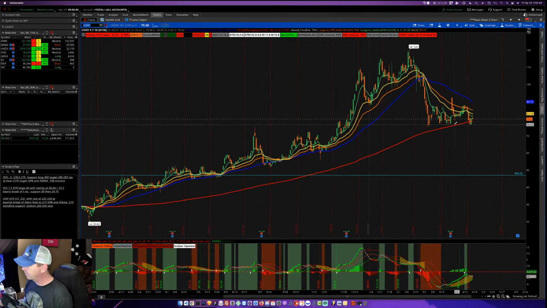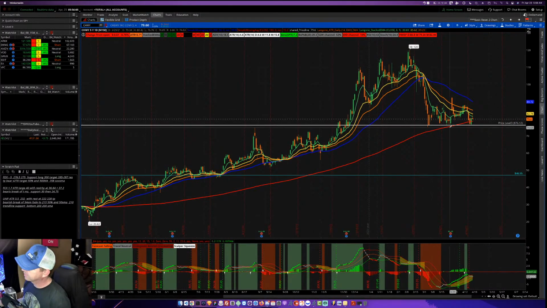We're using the 200 SMA as support right now. We found a major support level right at 76 that seemed to stop us from that fall.